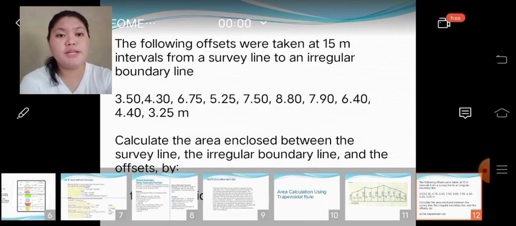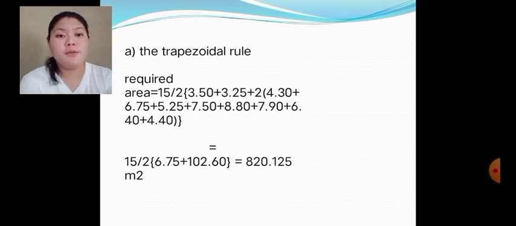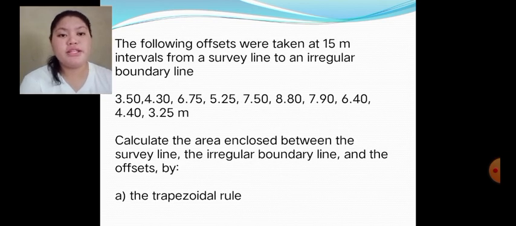We have the offsets 3.50, 4.30, 6.75, 5.25, 7.50, 8.80, 7.90, 6.40, 4.40, and 3.25.